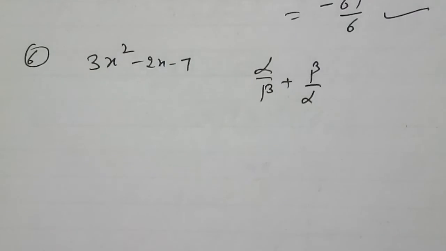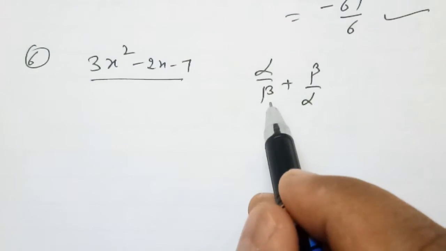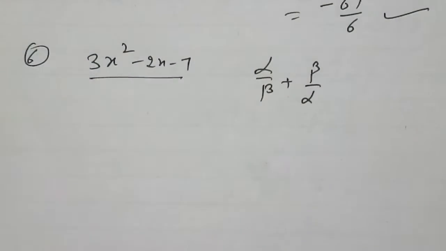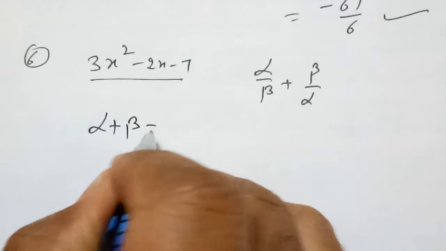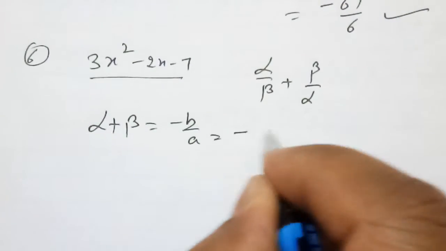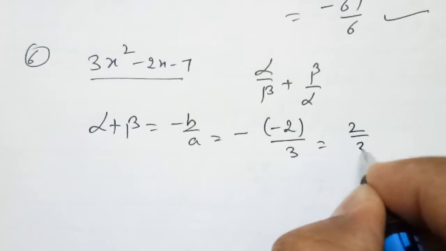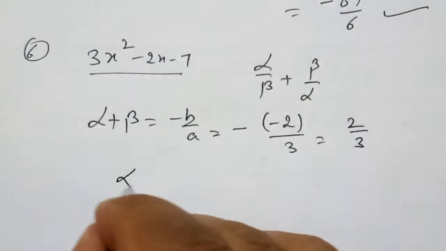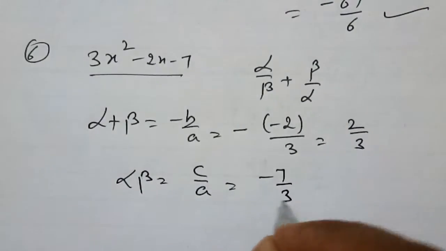The last part is that for this polynomial we have to find the value of alpha upon beta plus beta upon alpha. So here again we will take the sum of zeros, because alpha and beta are the zeros. So sum of zeros equals minus b upon a, which equals minus of minus 2 upon 3, which equals 2 by 3. And product of zeros alpha beta equals c upon a, and here it is minus 7 by 3.